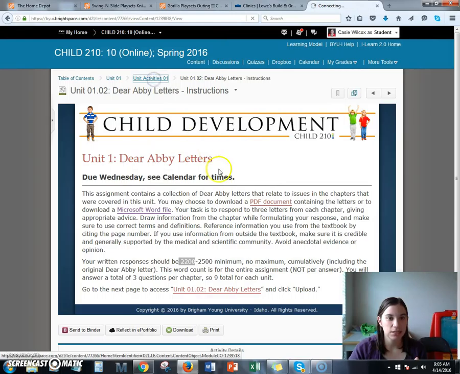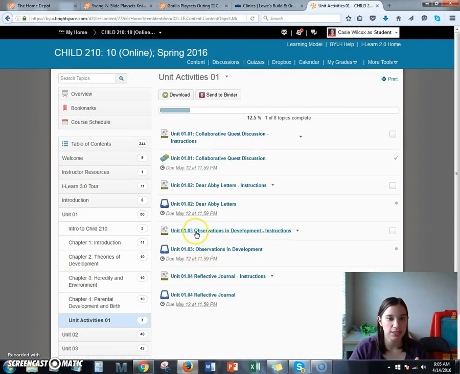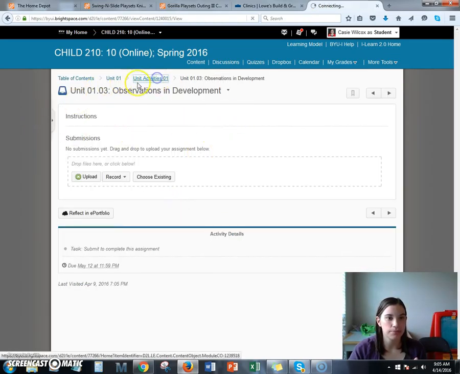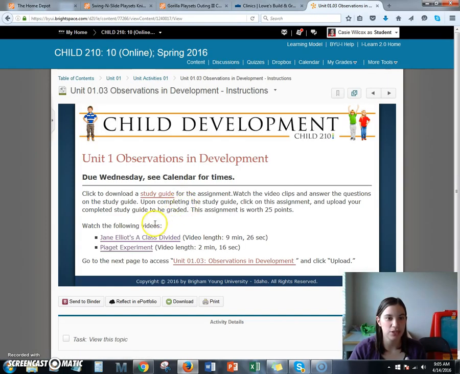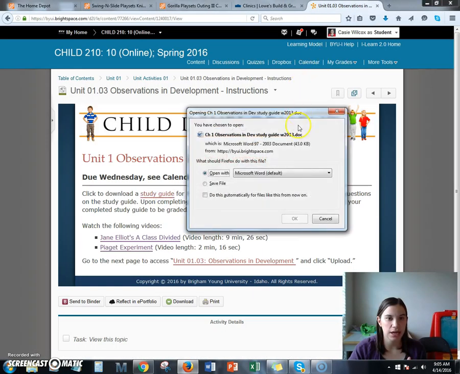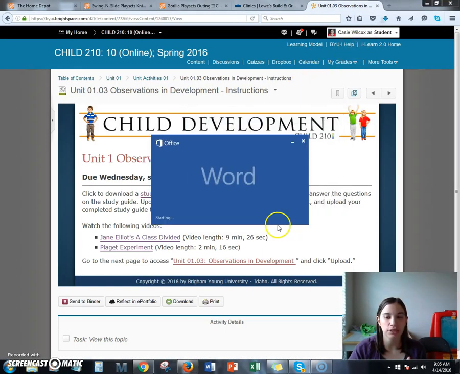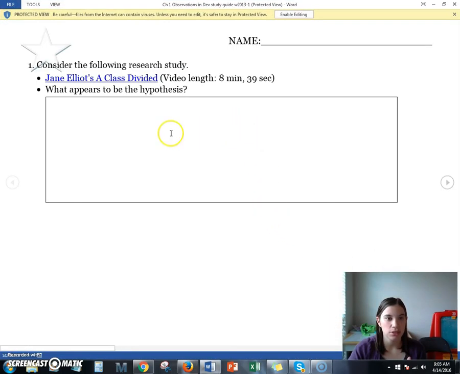The next assignment is observations and development. I went to the wrong page, hold on, let me go back one. Here it is. So you go to the instructions page, you open up the study guide, and here you're invited to watch 2 videos, and on the study guide you'll notice that there are questions relating to those videos.